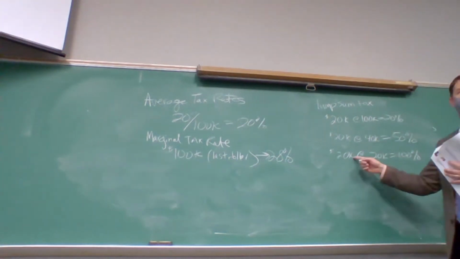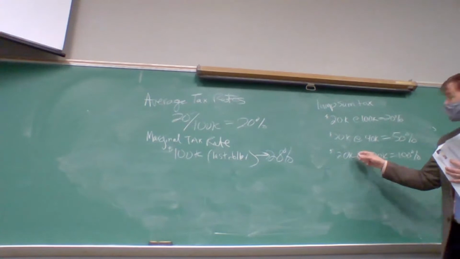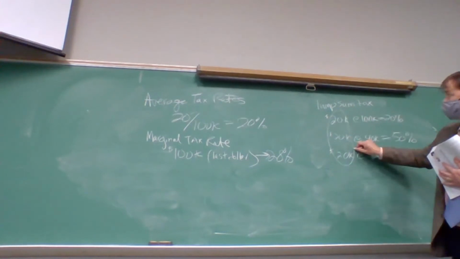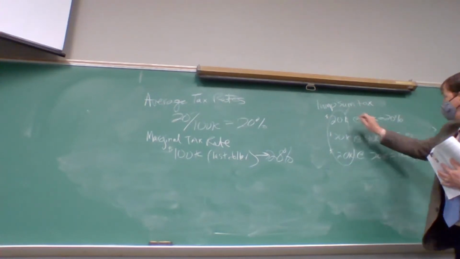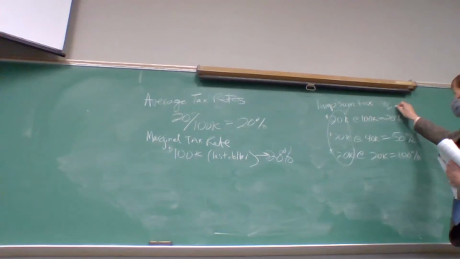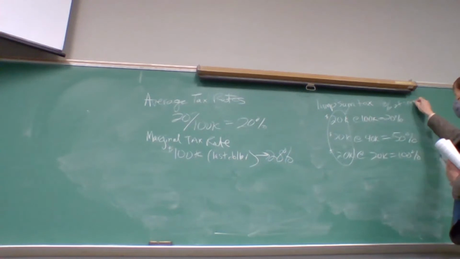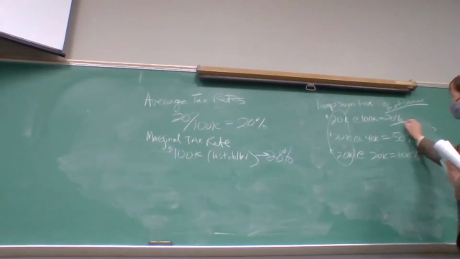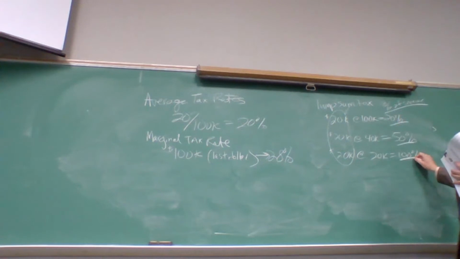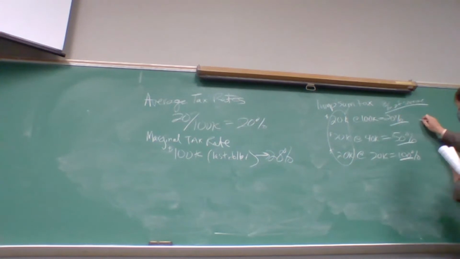Is everyone paying the same amount? Technically, yes. But what's the problem? Their percent of their income? Are we all paying the same amount? No, this is called regressivity. This is a regressive tax.